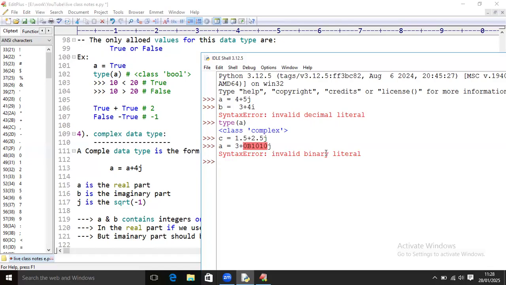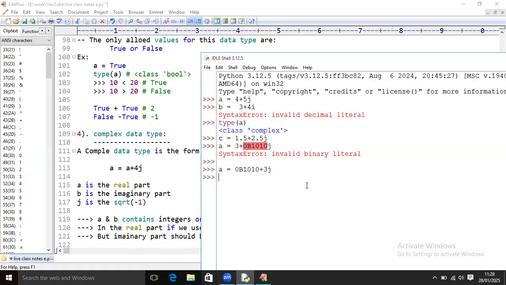But let's try another way. Let's say a equal to 0b1010 plus 3j. We have reversed the numbers, real to imaginary part and imaginary to real part. Is it accepted or not?